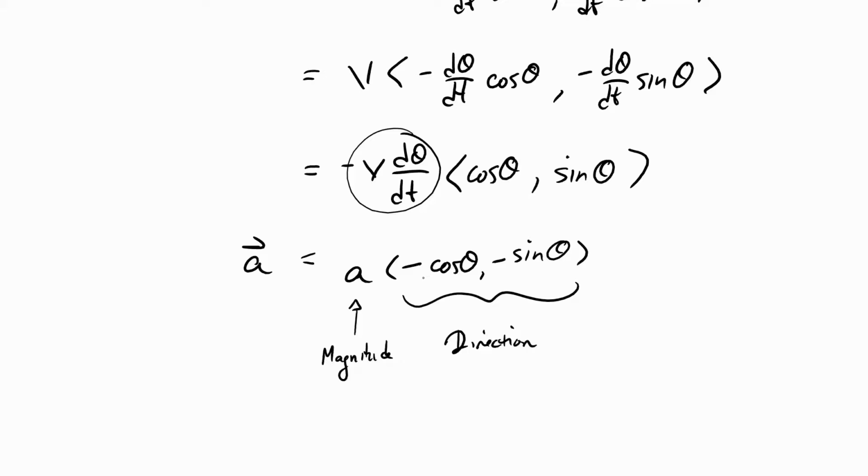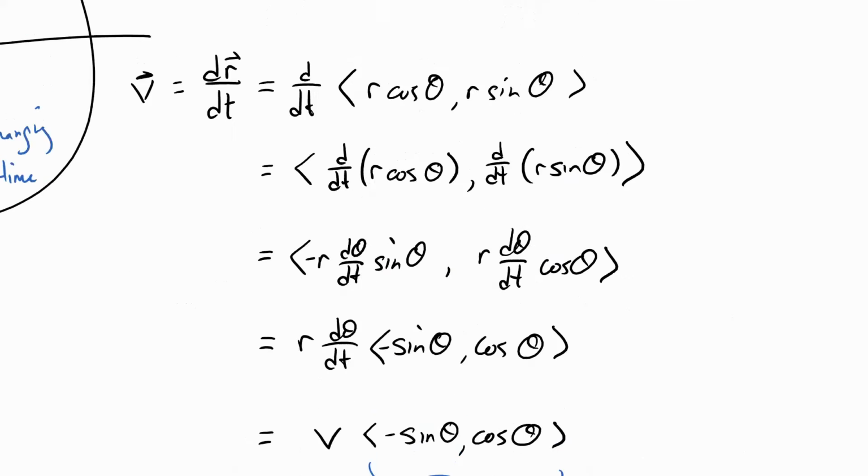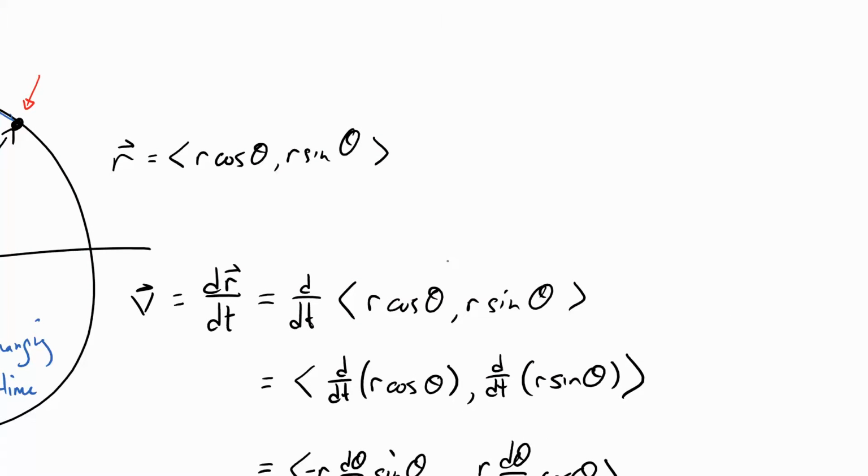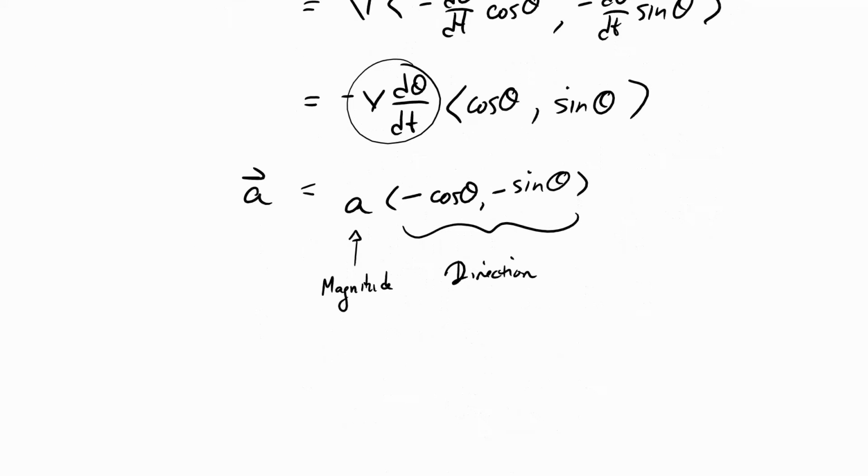This direction, though, if you go way back up to the beginning, should look kind of familiar. This was our original position vector, right? And I can write this as its magnitude r times cos theta sine theta. That looks familiar.